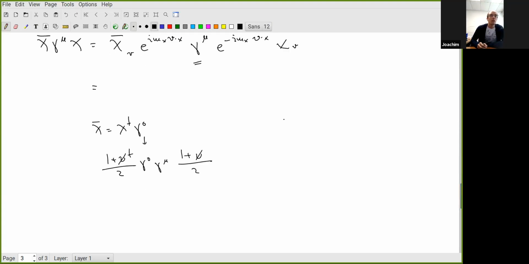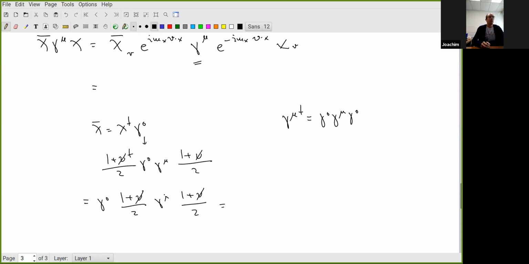And you all remember that gamma mu dagger equals gamma 0 gamma mu gamma 0. So we can write this as gamma 0, 1 plus v slash, gamma mu, 1 plus v slash. And now we commute this one past this gamma matrix. So we get the minus sign here, and we pick up a term from the commutator.